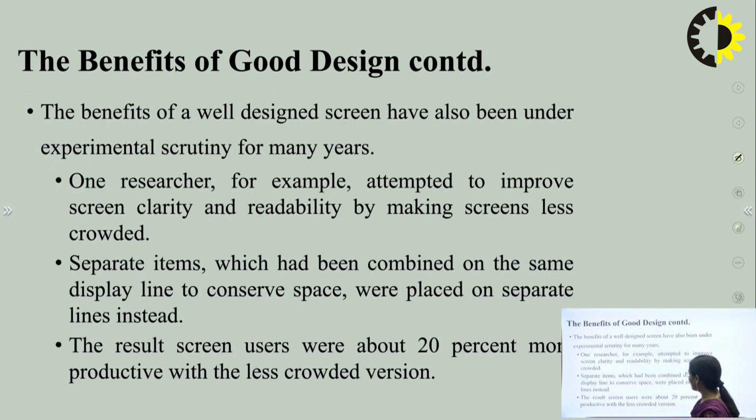Then the benefit of good design. The benefits of a well-designed screen have also been studied. One researcher, for example, attempted to improve screen clarity and readability by making a screen less crowded. That means the screen is less crowded so that the user can easily use it.